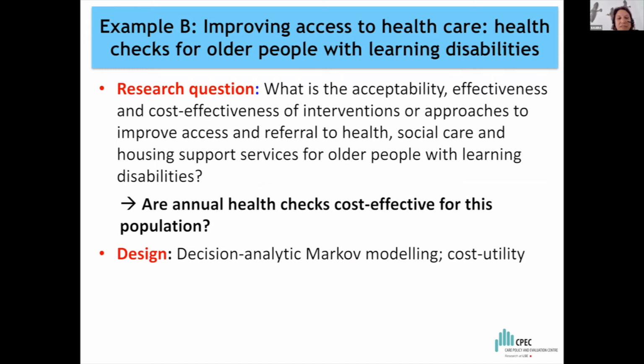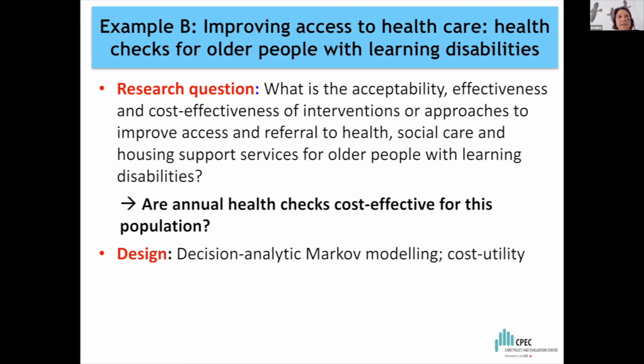So their aging process can be quite different because of the learning disabilities, and they're aging also earlier. And as I said, they are more likely to have multiple conditions and experience substantial discrimination and disadvantages. So the inequalities in access to health services, and not just health services but other services, is a really big issue.